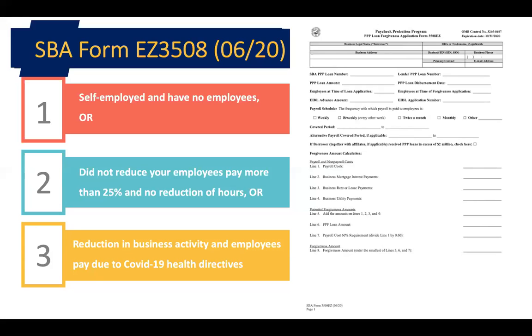Basically, if we didn't reduce the employees' pay by 25% or reduce their hours, it's okay. Whether it's reduction because of the COVID health directive, you can't get to work, right? Have business open or whatever. It is still that same number 2. Okay, so those are basically the 3 things where just one of them will qualify you, and you can use the easy form.